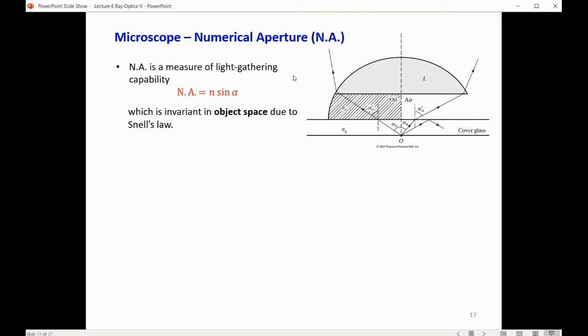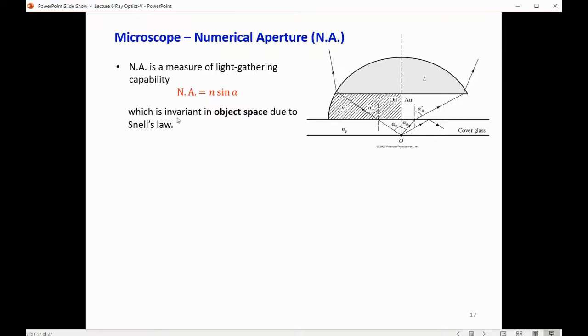The numerical aperture is a measure of the light gathering capability of the microscope, and it is given by the expression n multiplied by sine alpha, where n here would be the refractive index of this oil layer or the air layer.